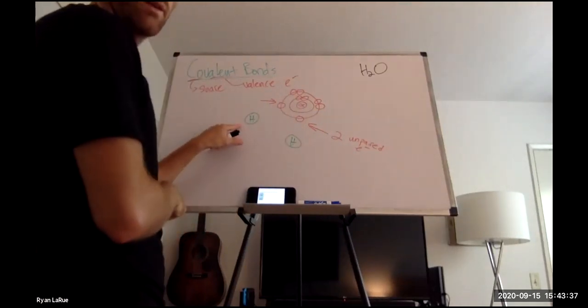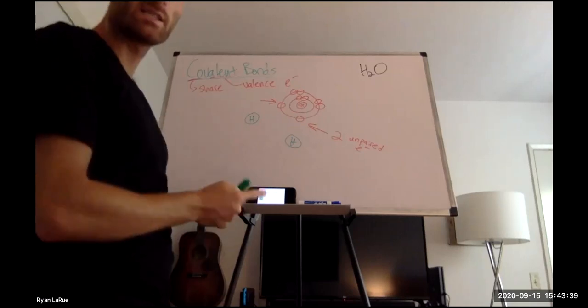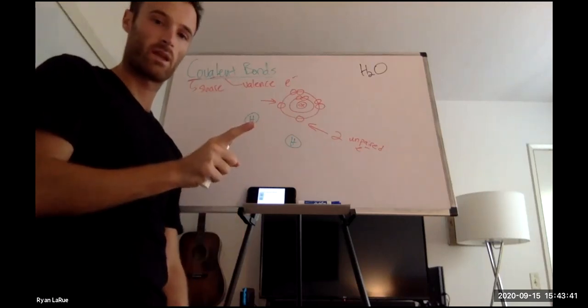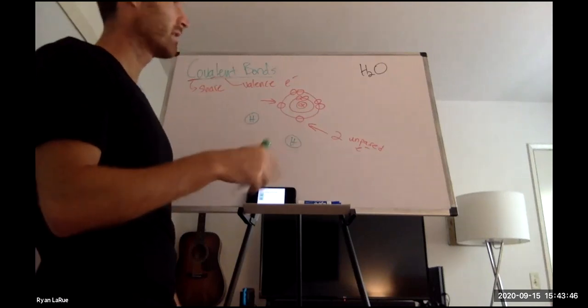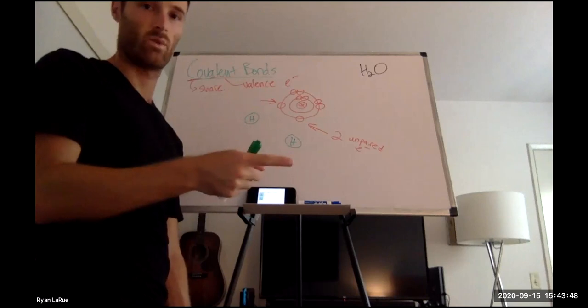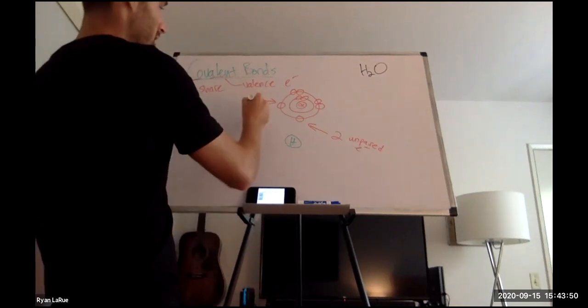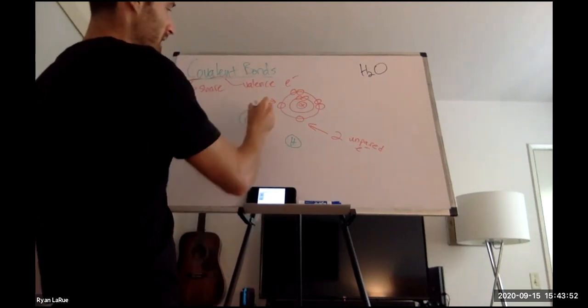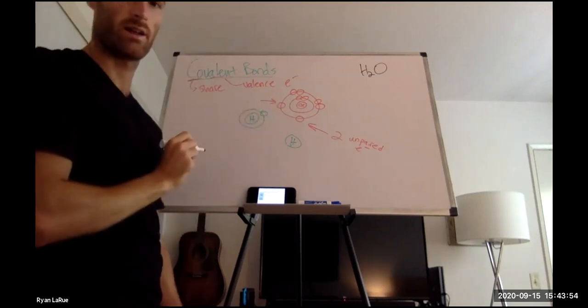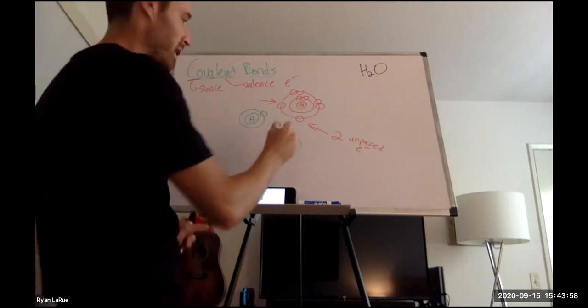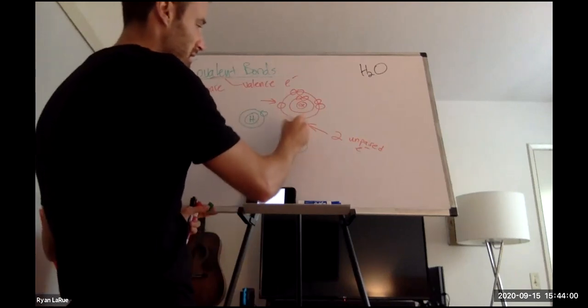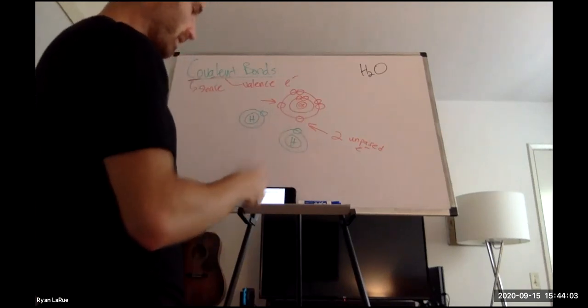Let's do this one first, up here. Hydrogen has an atomic number of one, one proton in its nucleus. Neutral hydrogen has one electron. So in its first shell, we have one electron, and I just drew it like that. Same thing for the other hydrogen.